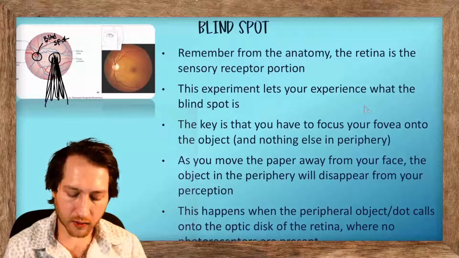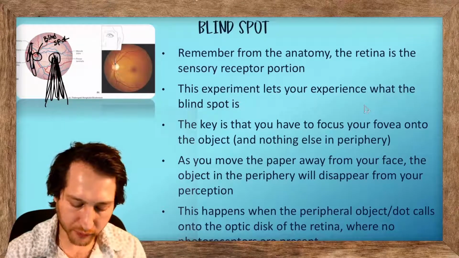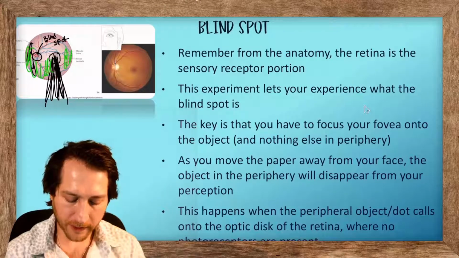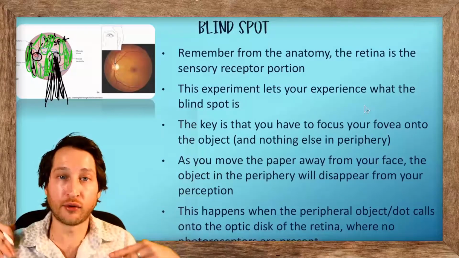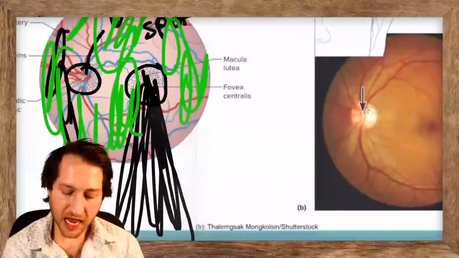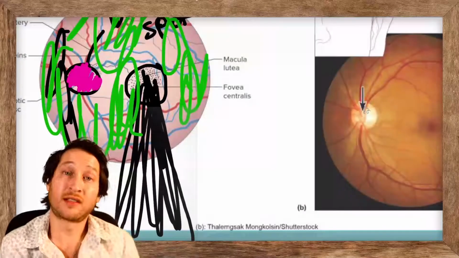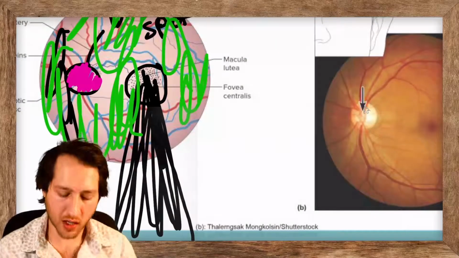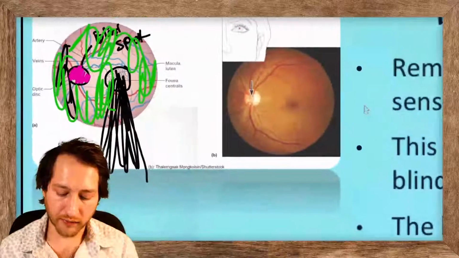And anything in the other surrounding regions we consider what's called the peripheral vision. So when you're looking at something straight on, you can notice things in your periphery. Well, if something happens to land on that optic disc that's in your peripheral vision, it's not going to be detected because there's no rods and cones in that region, so it's not going to appear in your visual field.